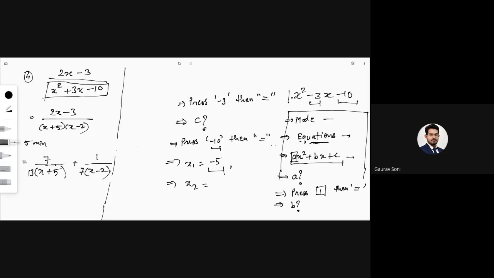Sir, 2. -2, sir. Yeah, if you are getting the opposite sign, it means that you have made some mistake somewhere. प्लस और माइनस में कुछ तो गड़बड़ हो गई है, इसलिए तुम्हें गलत आंसर आ रहा है. So the correct answers you should have are -5 and 2.